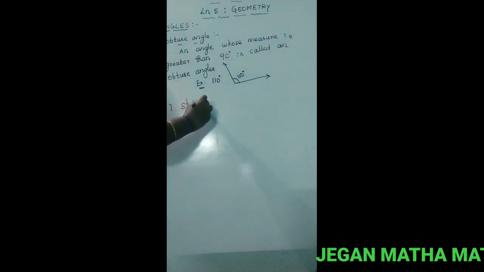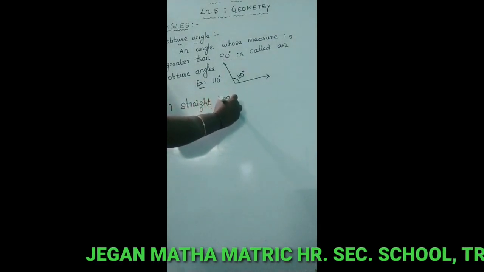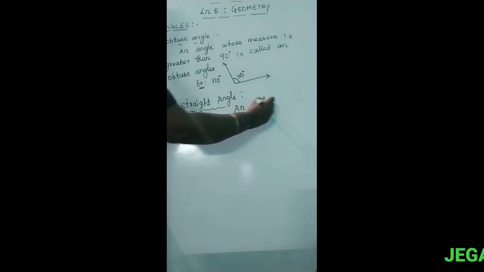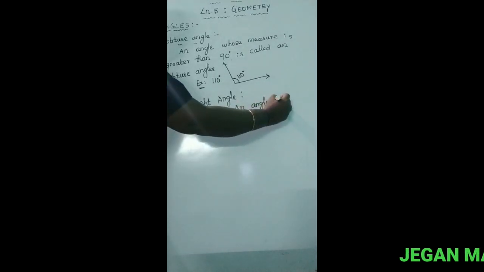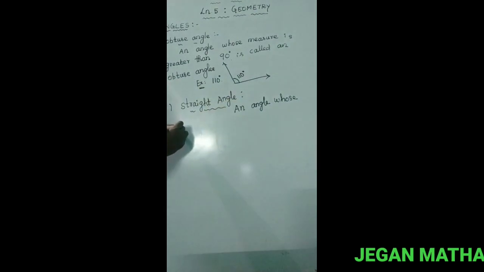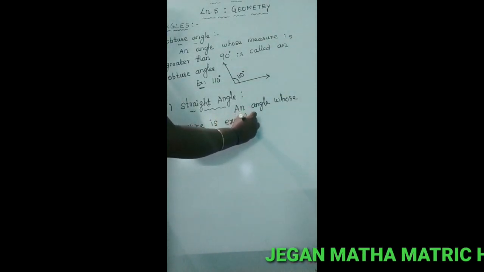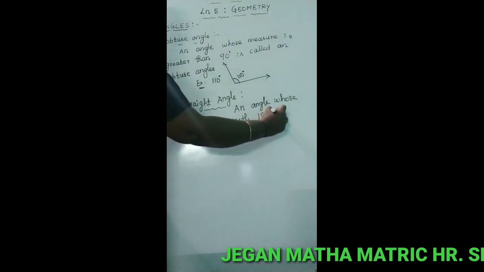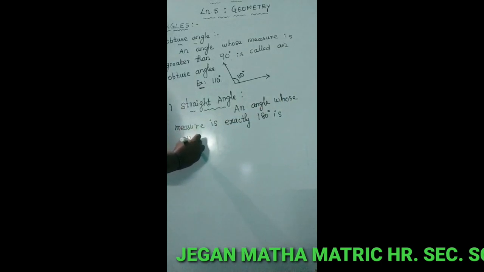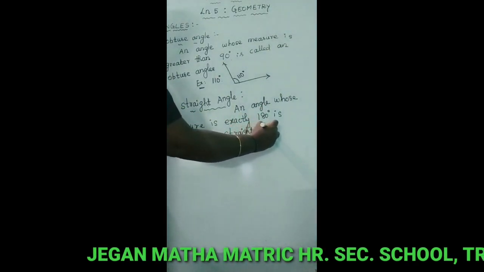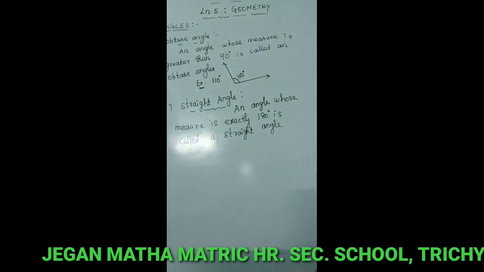The fourth one is straight angle. An angle whose measure is exactly 180 degrees is called a straight angle.